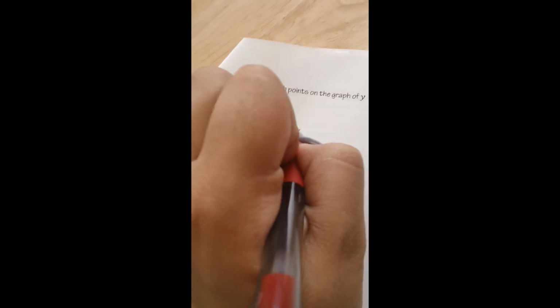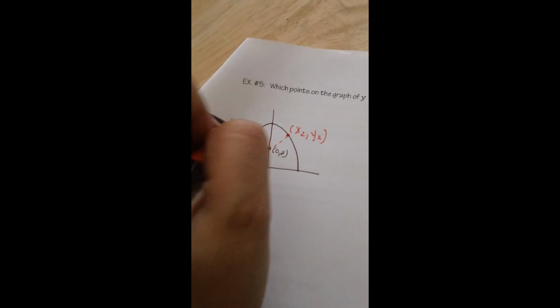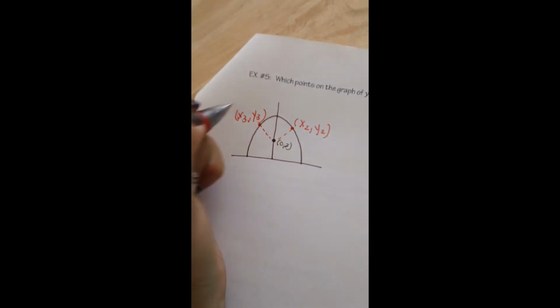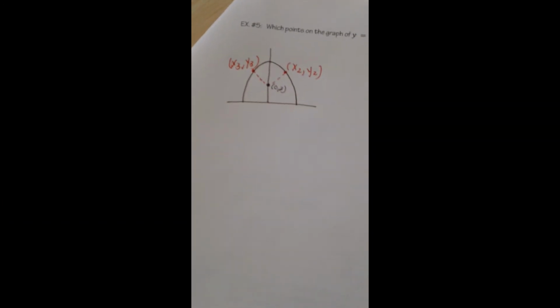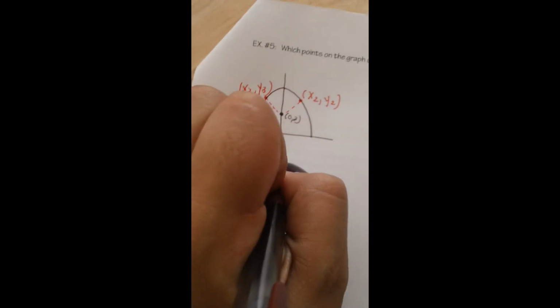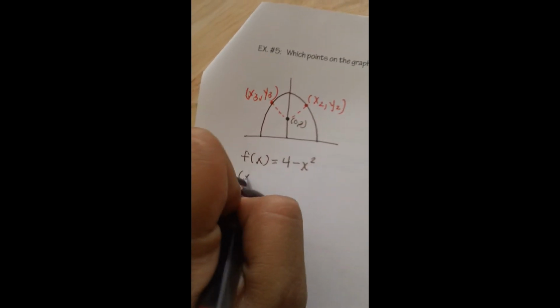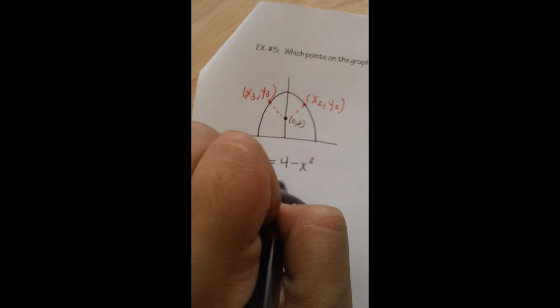I'll call this one x2, y2, x3, y3. Our function is 4 minus x squared, and our point is 0, 2.